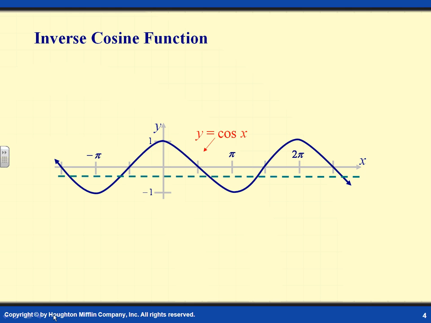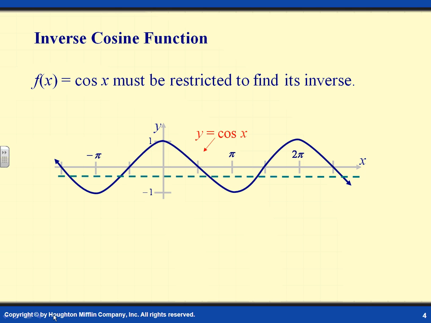Here's the cosine curve. You're now on page 4. Now, is this going to be a one-to-one function? You can see the horizontal line that it drew. Is it going to be a one-to-one function? No, it is not.